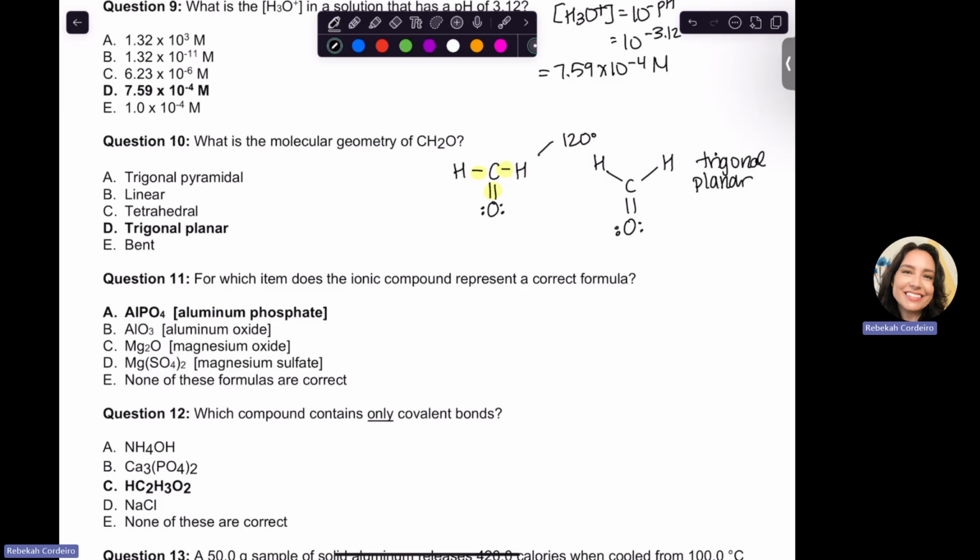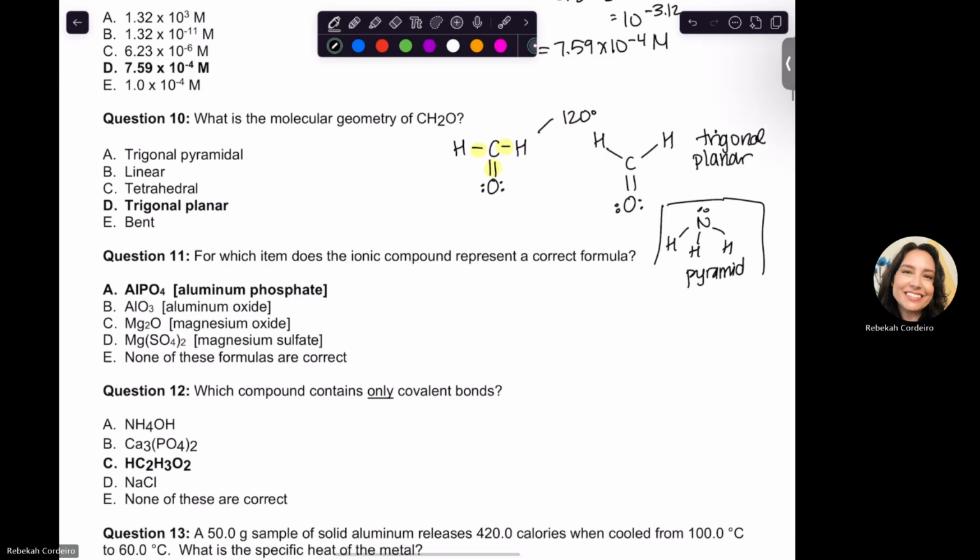In order to have the pyramid, we have to have the lone pair on the center, so planar for that one. So a pyramid would look like this. It's got three things bonded to it, but it also has a lone pair. So that would be the pyramid. So just be careful between those two.